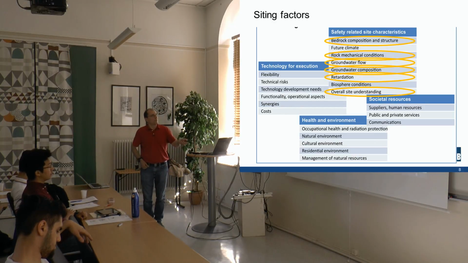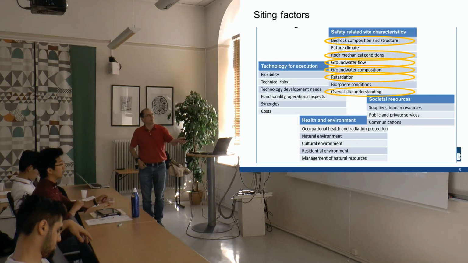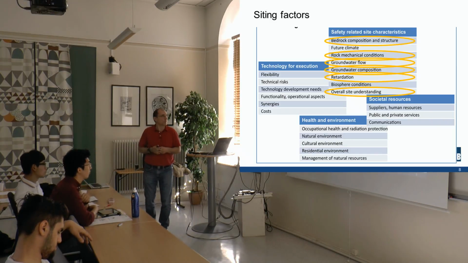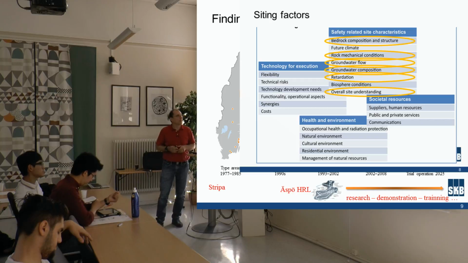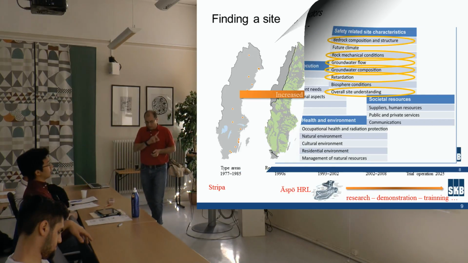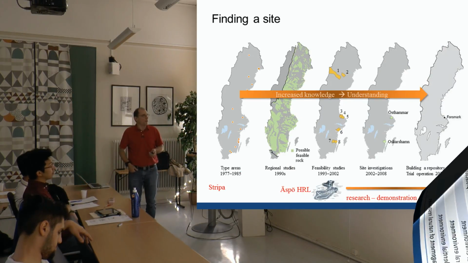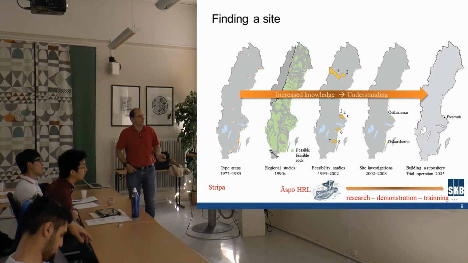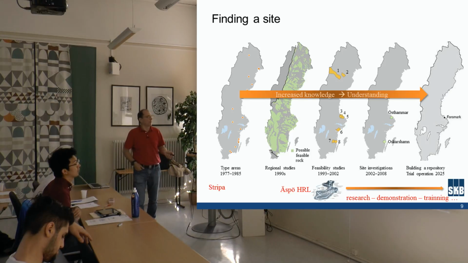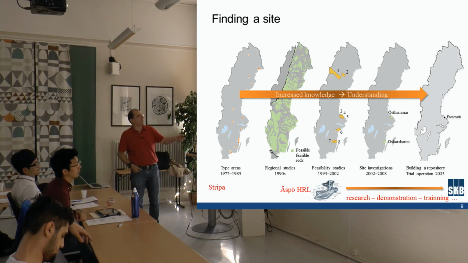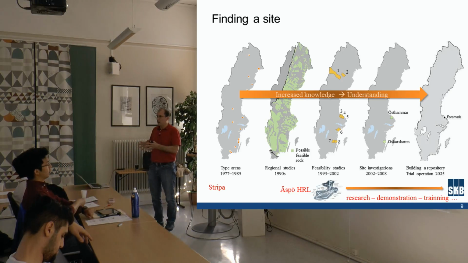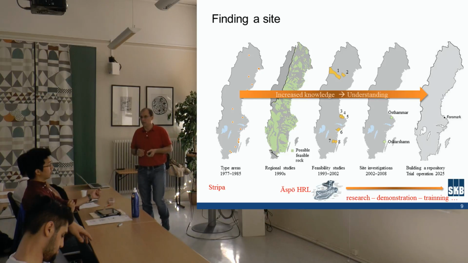And for these different important characteristics, we make models. And this you maybe have seen. SKB has worked for more than 30 years with these issues, and from the beginning they started to look at certain places, but they had decided how it should look, and they started with it.